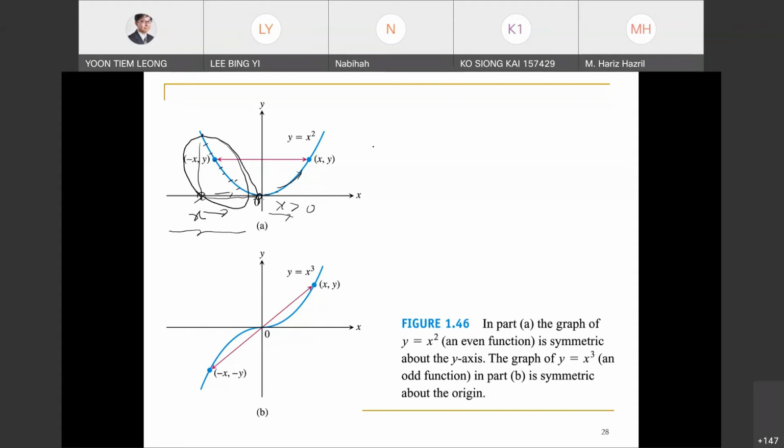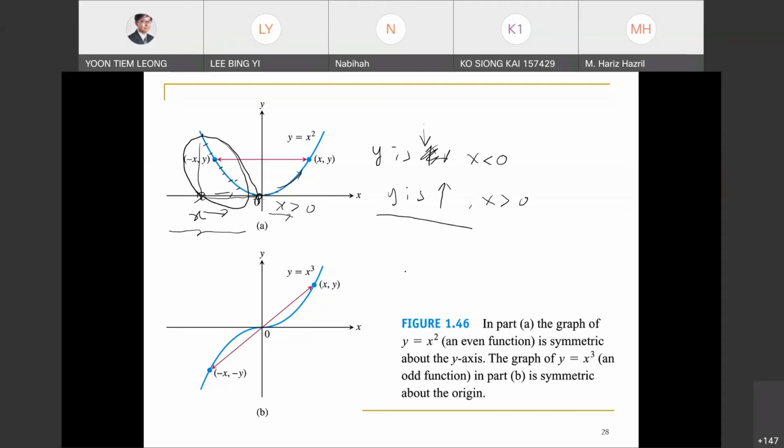You have to say the function y is decreasing for x which is in the negative direction, and y is increasing in the domain where x is positive. So whenever x is positive, the function is increasing.